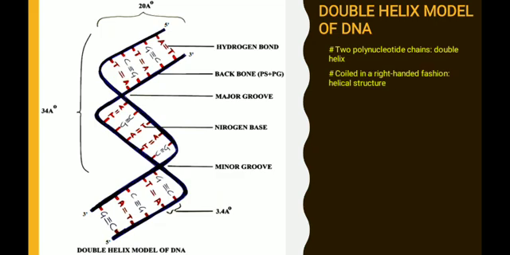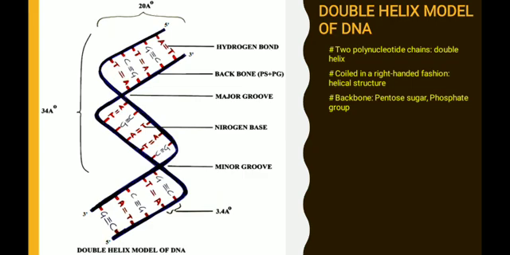The reason is the two polynucleotide strands are coiled in a right-handed fashion. Since they are coiled in a right-handed fashion, the structure is called a helical structure, and hence it is known as double helix. As I told earlier, there are two polynucleotide strands, and these polynucleotide strands, or the chains, form the backbone.